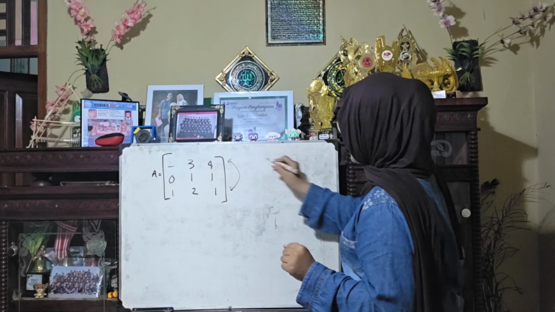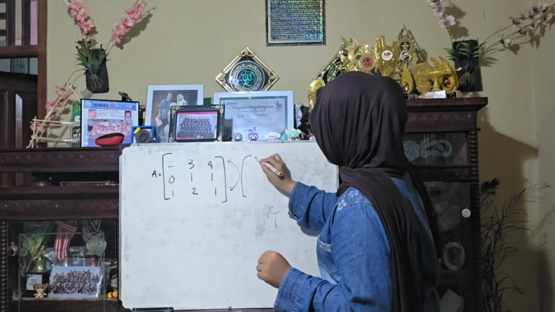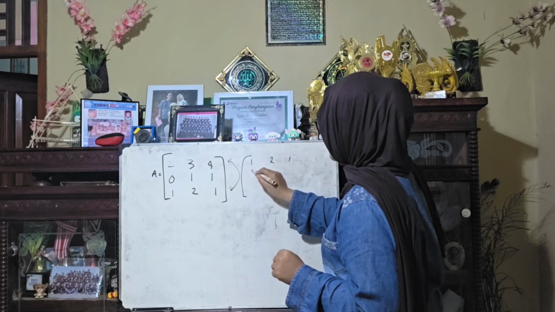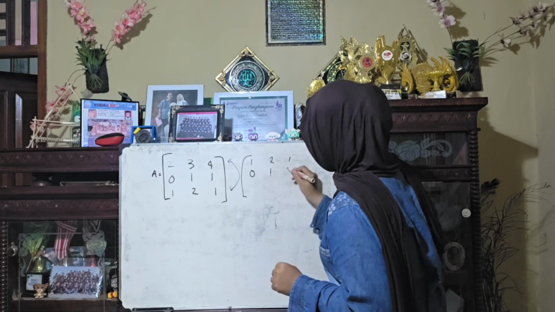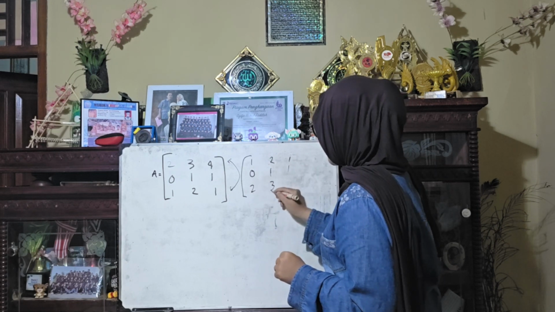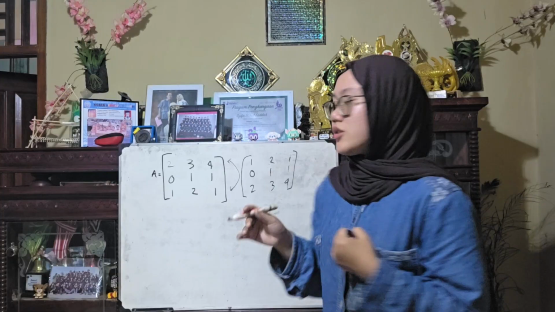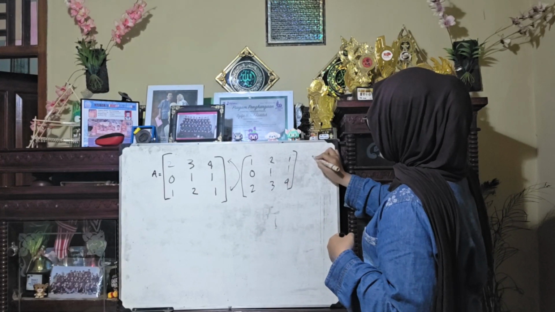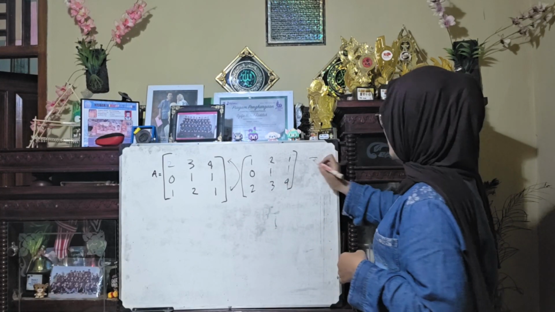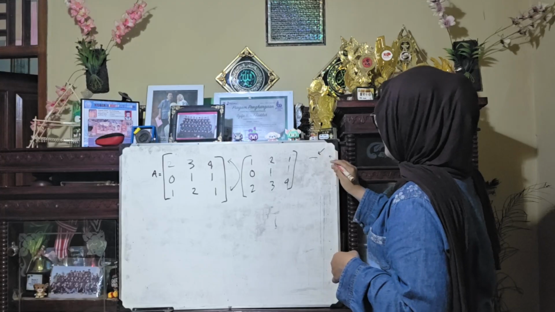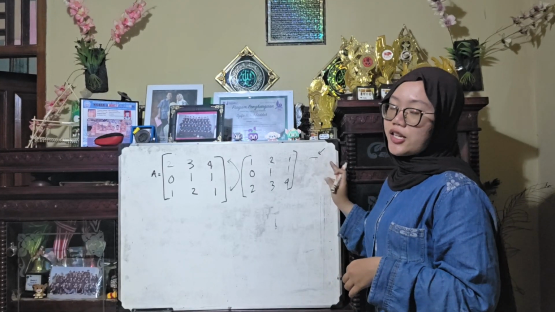So we can have 1, 2, 1, 0, 1, 1, 2, 3, 4. Remember the rules. If we interchange or swap 2 rows, we will add a negative to our result. So we will multiply this later.